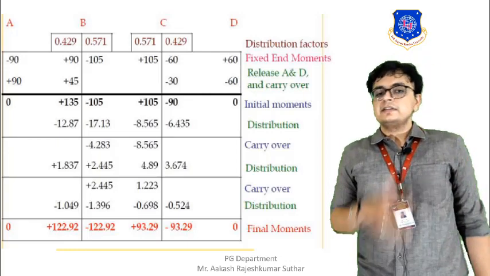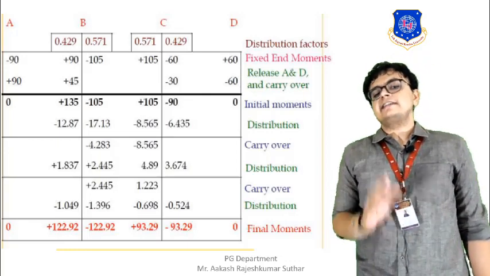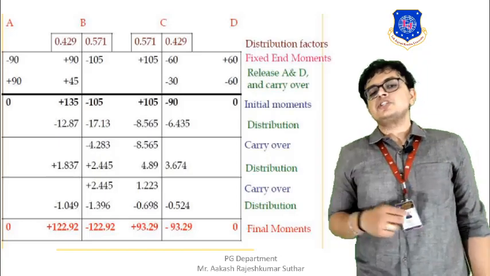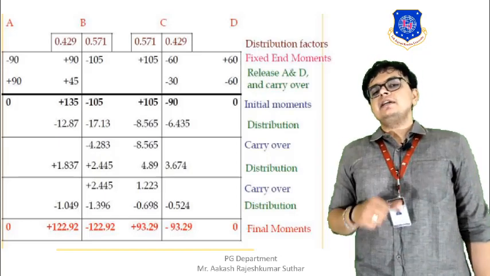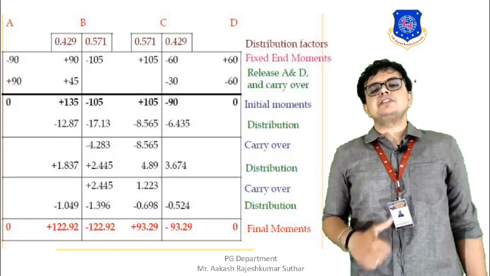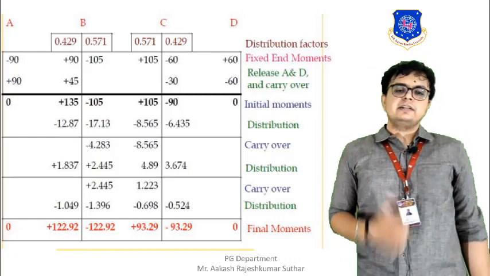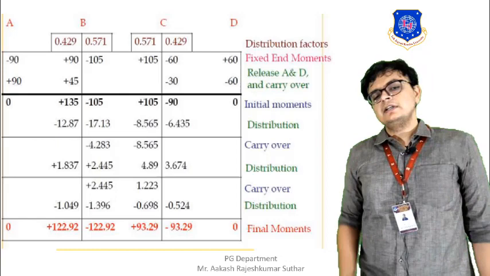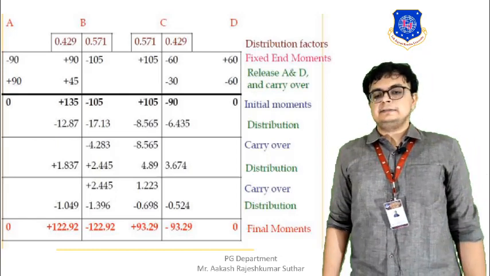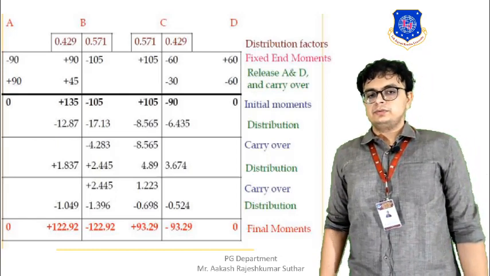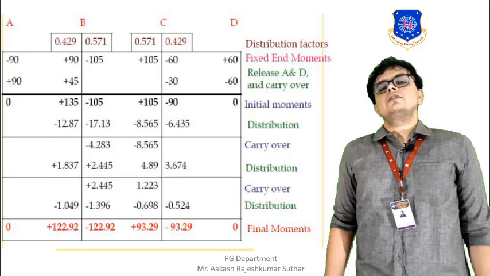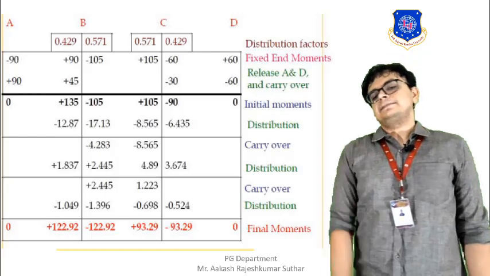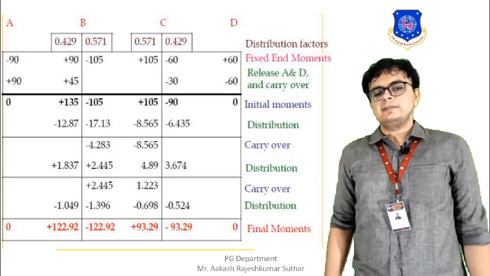This means that our values are correct, the calculation is being done properly, and both the members' moments are compensating each other, they are complementing each other, and ultimately there will be an equilibrium at the joint. So this way you can check the calculation. If you are not getting the proper answer, you have to perform again. Okay. So these were the final moments for our particular given example.